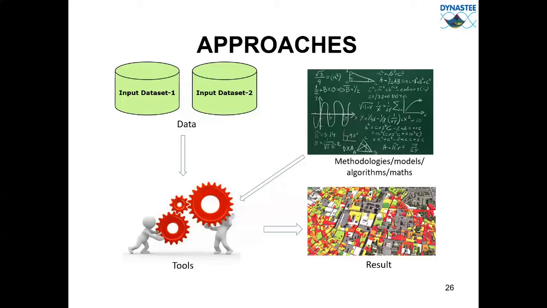What is the expected result? Who requires the result? What accuracy should the result be presented with? And as you can see in this right bottom graph, some people really like colors.